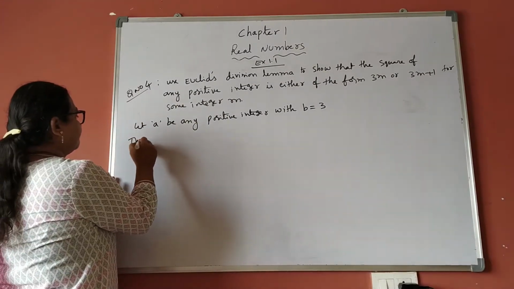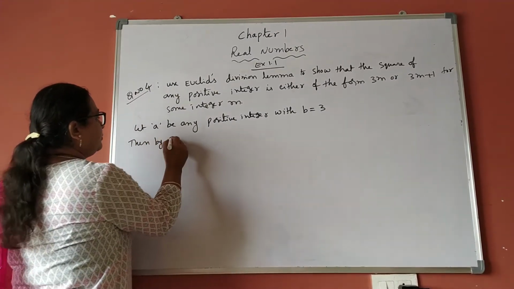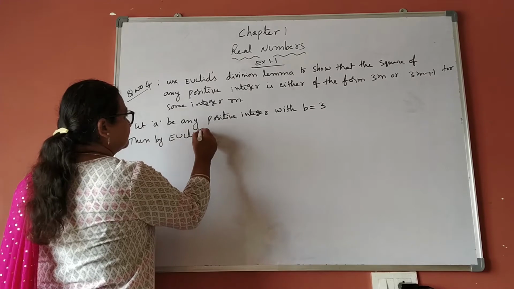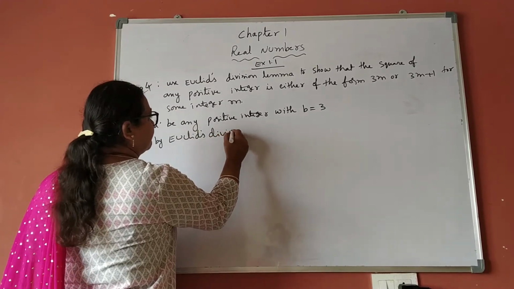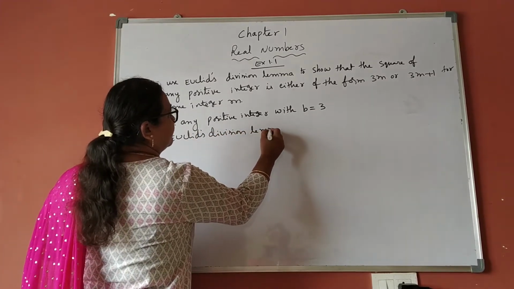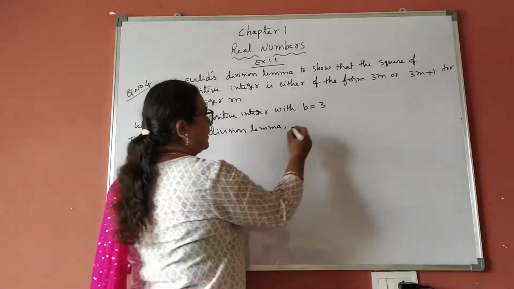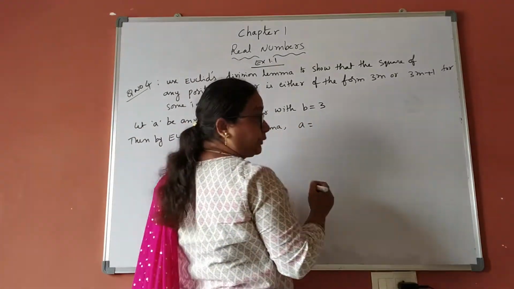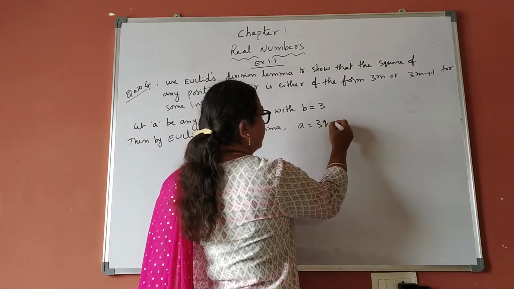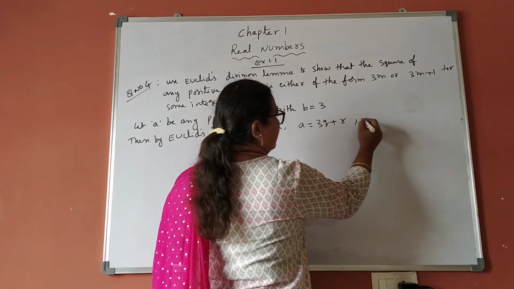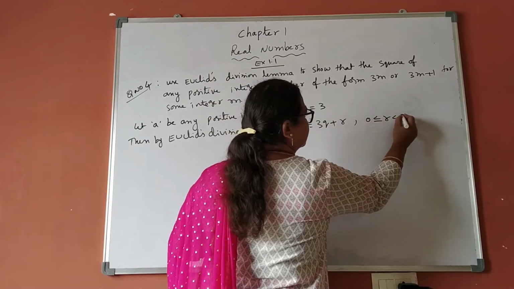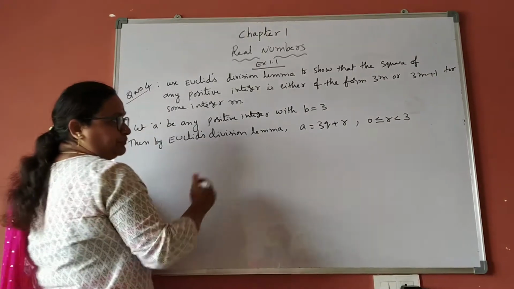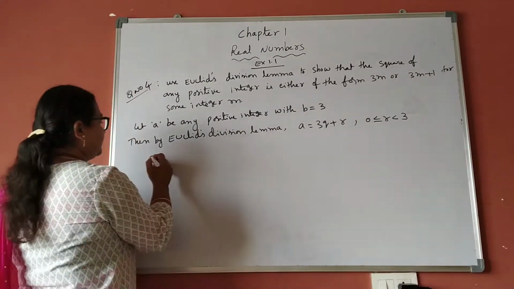Then by Euclid's division lemma, a is equal to bq plus r, that means 3q plus r, where 0 less than or equal to r less than 3. b is 3 here.